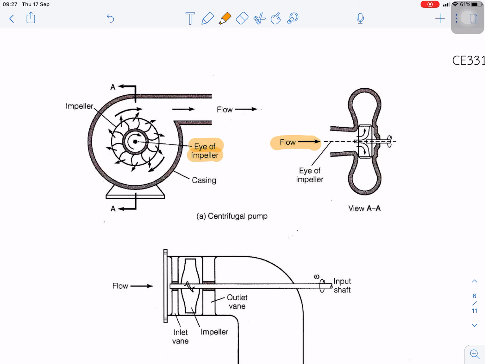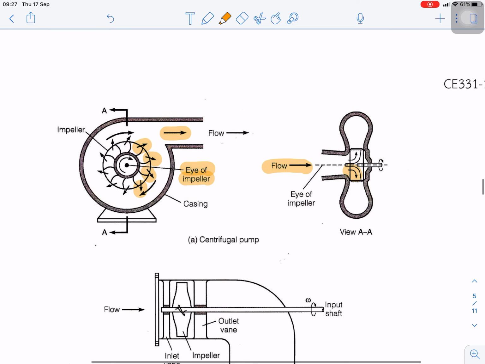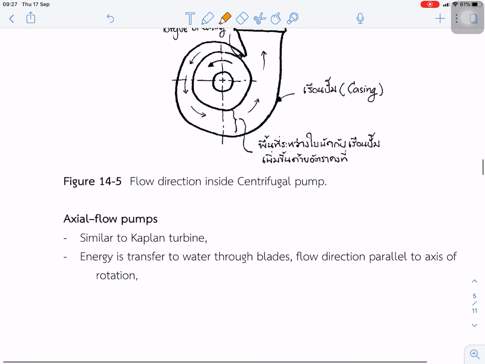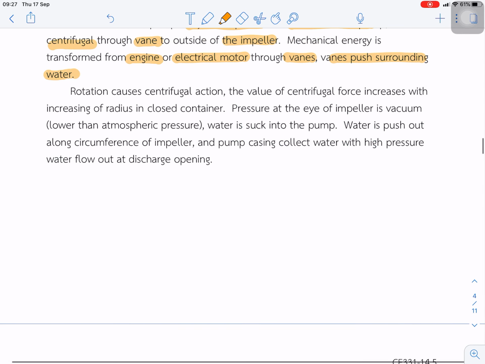Afterward the vane pushes the water in the radial direction to the casing and it flows out from the pump. You can go through the lecture for more explanation.